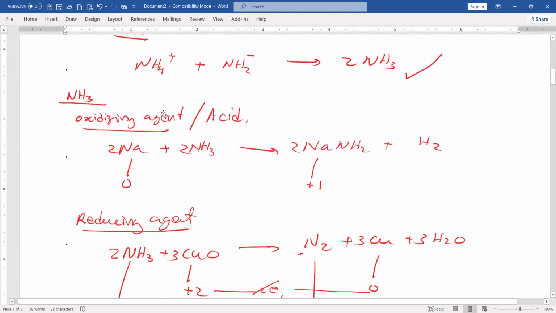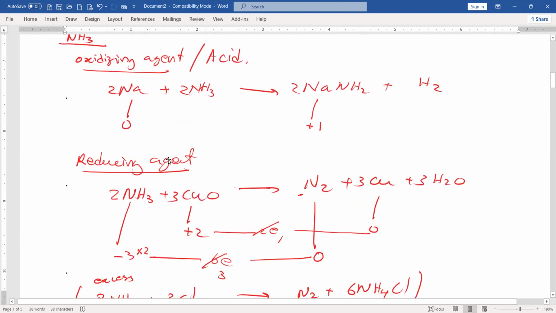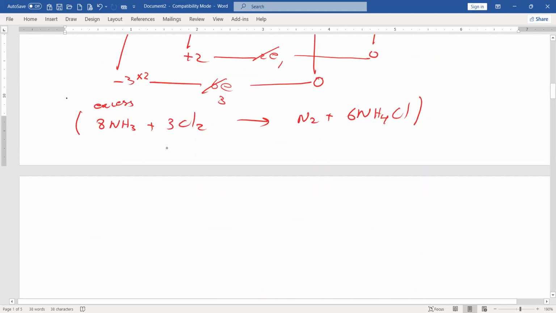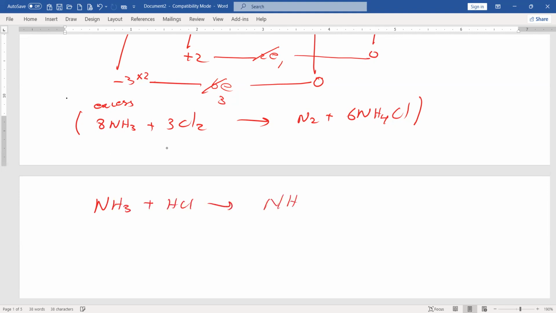Then we have seen that ammonia can act as an oxidizing agent and also an acid and reducing agent. Now, the example for base, this ammonia, actually it is available in this one, right? Ammonia can react with acid giving a salt like ammonium chloride. In this case, acid and base react together to form this salt. So it is basic.